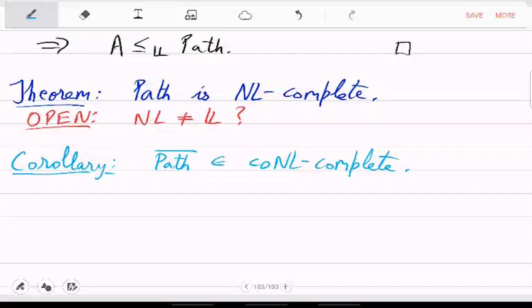Right. So, path is NL complete. So, for the co-class, you take the complement, that will be coNL complete using the same reduction, by the same f.